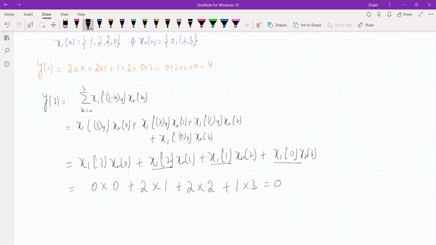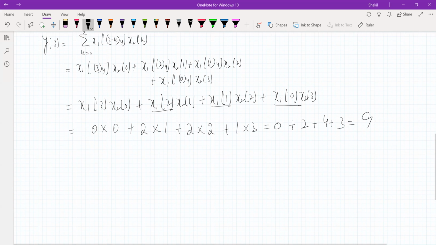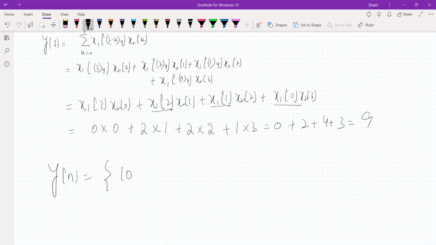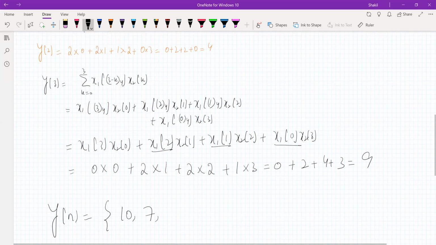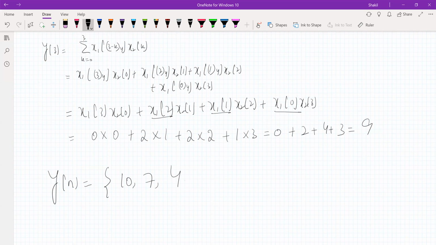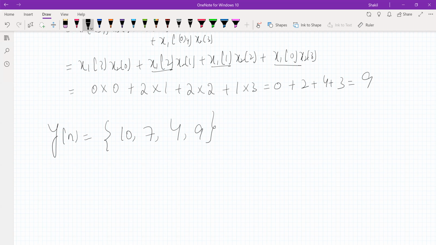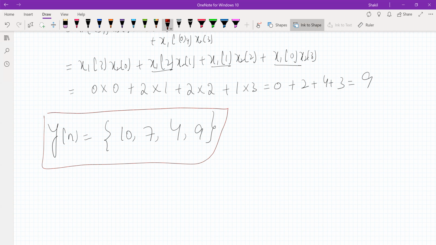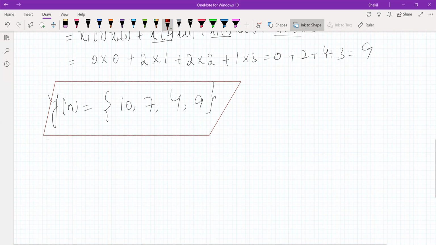So this will be 0 plus 2 plus 4 plus 3. How much is that? 7, 9. Yeah, this is 9. So our y sequence is 7, 4, 9, with y of 0 being 10. So this is our sequence. So our circular convolution between x1 of n and x2 of n is this sequence. So this is how we evaluated the sequence, and this is how we obtain the circular convolution.